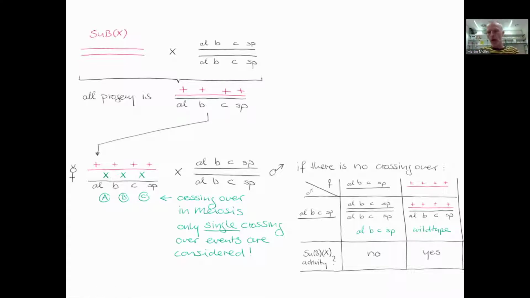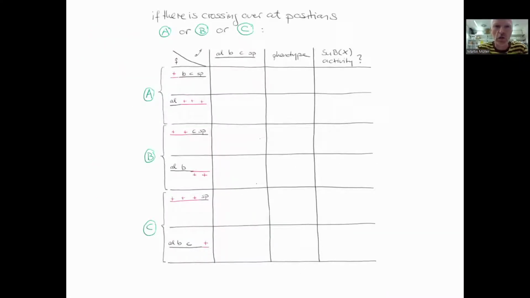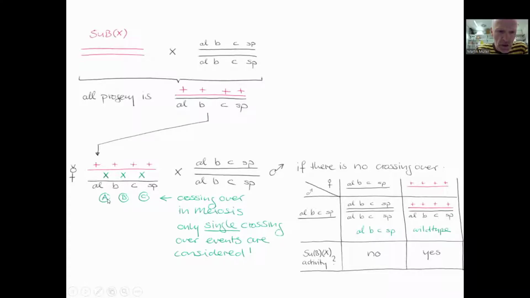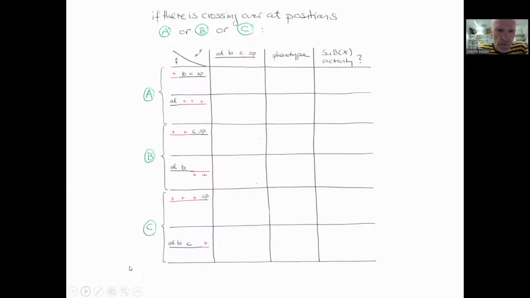So now, how does the Punnett square look if we include the products from meiotic recombination? That is shown here on the next slide. For every single crossover that we consider, there are two recombination products. If we make the recombination here in position A, we get these two eggs, plus black curved speck and Aristoteles plus.